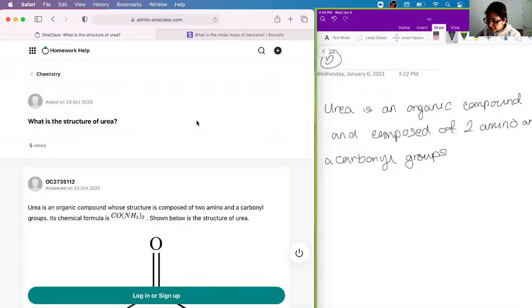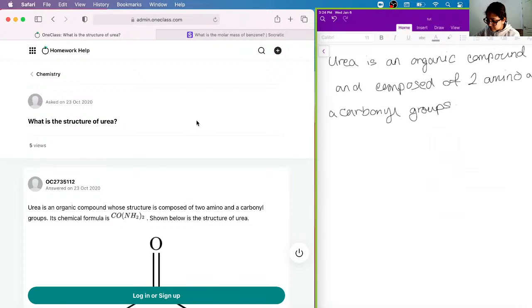And so the chemical formula for this, so let's first draw out the structure and then we can come up with the chemical formula. Okay, so let's draw this out.